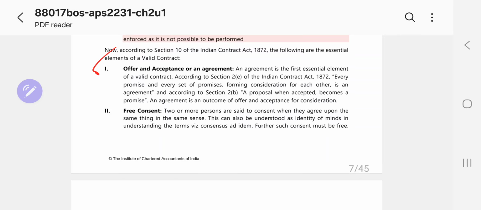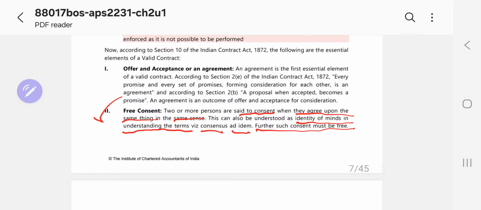First thing is done. Now the second thing is free consent. Two or more persons are said to consent when they agree upon the same thing in the same sense. This can also be understood as the identity of minds in understanding the terms, consensus ad idem. Further, such consent must be free. So, to become a valid contract, two parties must agree to the similar things.